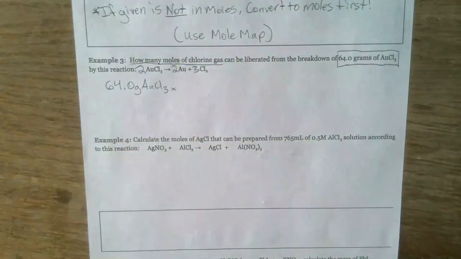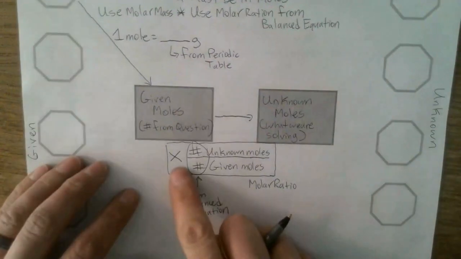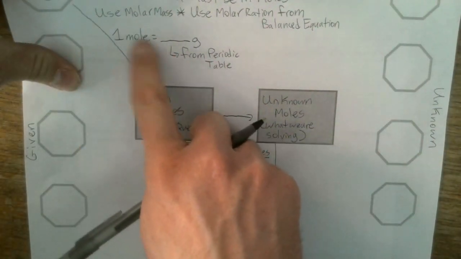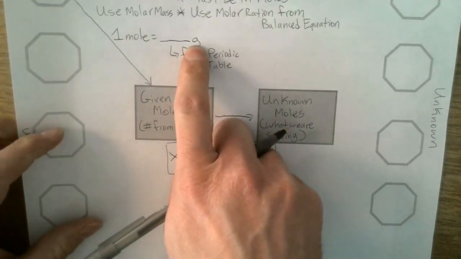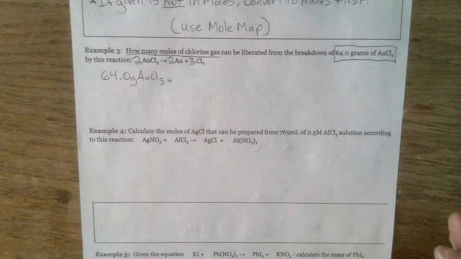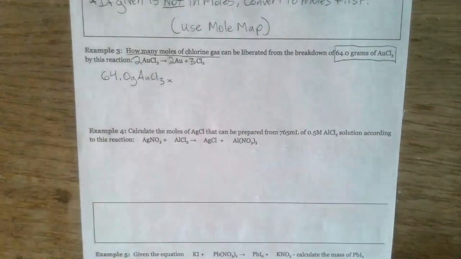Now, if we go back to our conversion factors, our conversion factor is going to be 1 mole equals the molar mass of, in this case, gold-3 chloride. So if we look at this here, let me step away for a second and grab a periodic table.